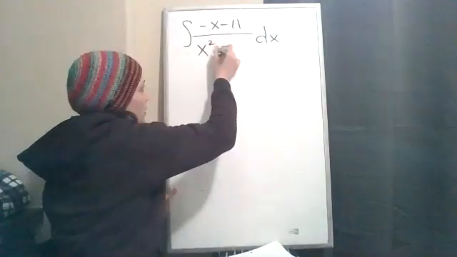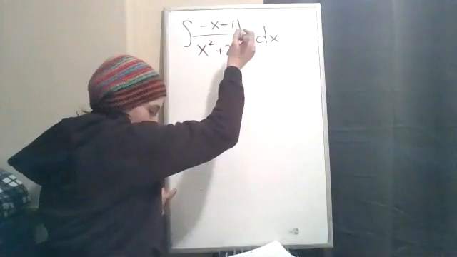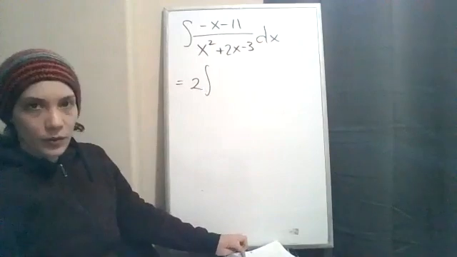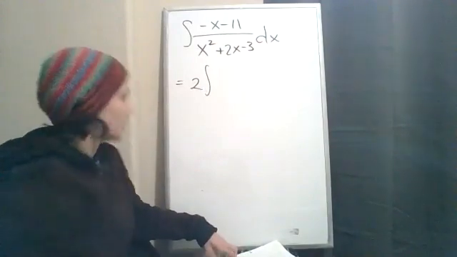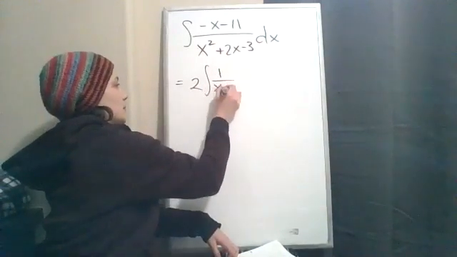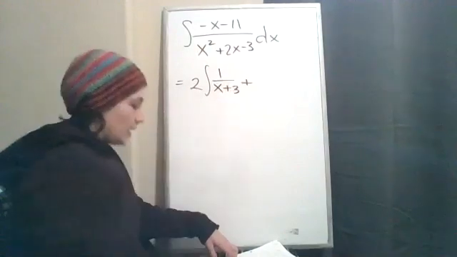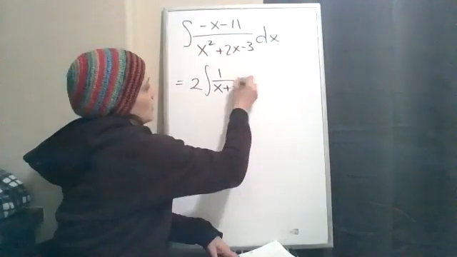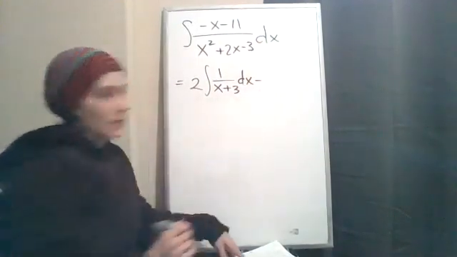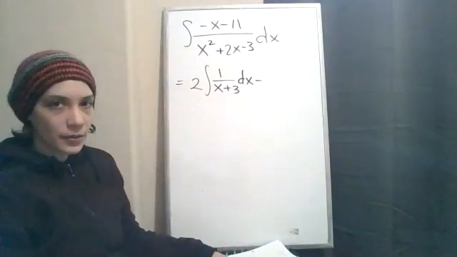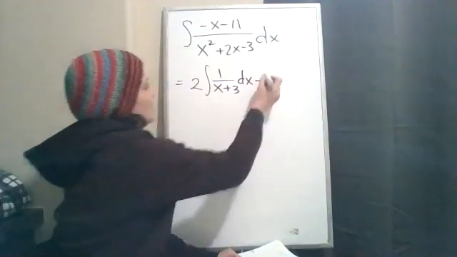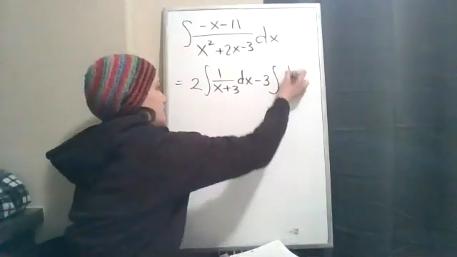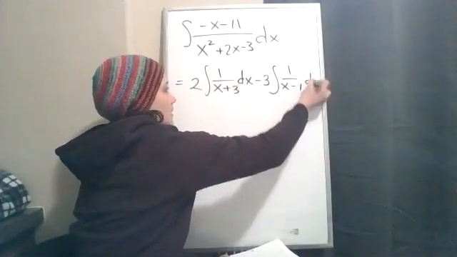Integral of 2 with a 1 over x plus 3. Okay, subtract 3 times the integral of 1 over x minus 1 dx.